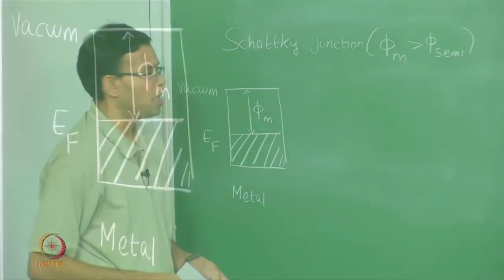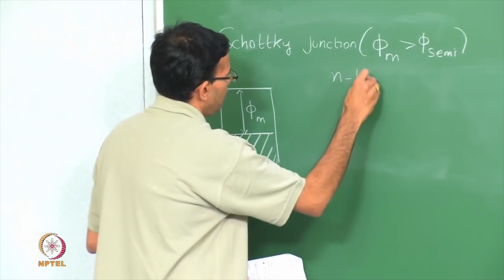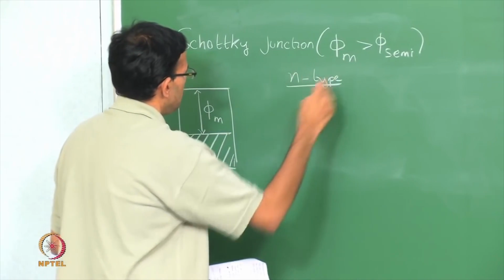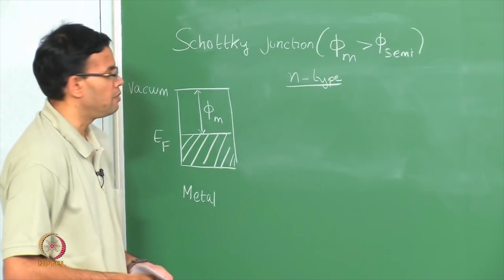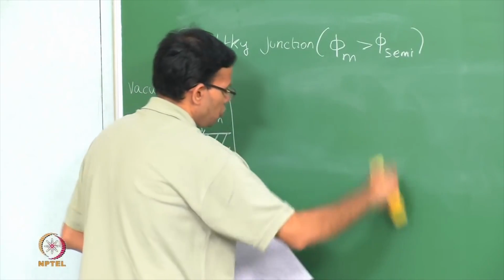So, let me form a junction with a semiconductor. For this example, I will take an n-type semiconductor, but we could use any other material as well. Let me write that below, so I can draw the diagram.